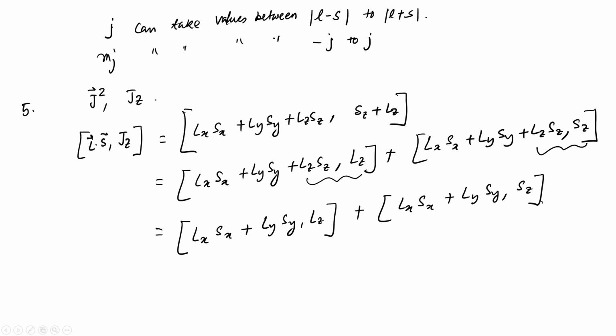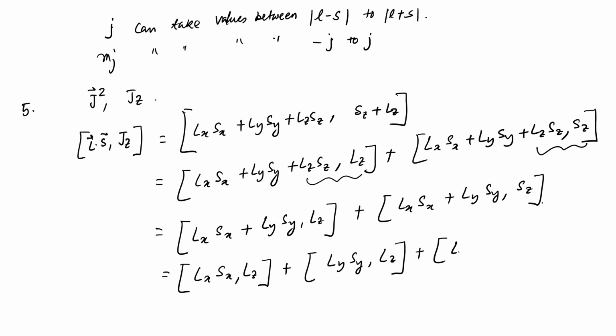Okay. And so we now have 4 commutators, which are Lx Sx Lz plus Ly Sy Lz plus Lx Sx Sz plus Ly Sy Sz.